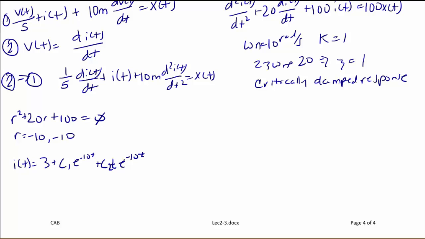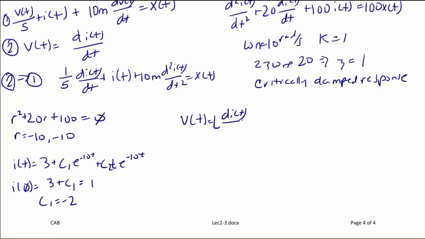Recall we have to use initial conditions in order to find C1 and C2. So I of 0 is equal to 3 plus C1, which equals 1, and C1 is equal to -2. Now we use the initial voltage in order to find C2, and V of t is equal to L di dt.